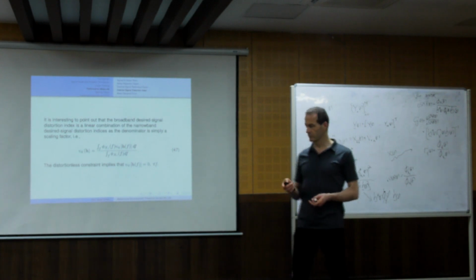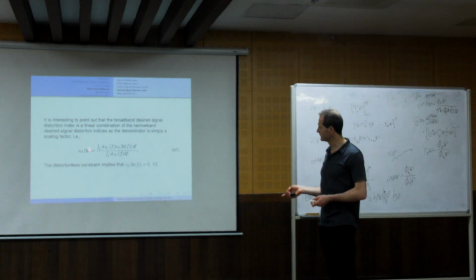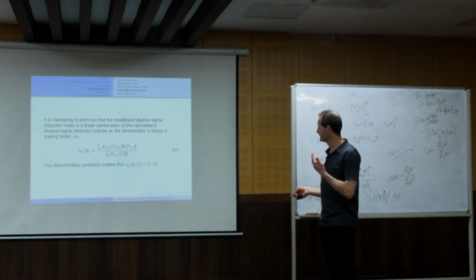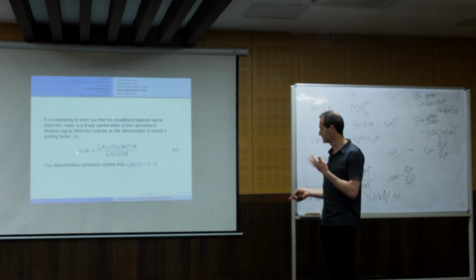Okay? So the broadband distortion index is the summation of the narrowband distortion index multiplied with the variance of the signal. From this definition, you see it. But it also makes sense, because when you want to compute the normalized distortion index, you give more weight to distortion where the signal is strong.